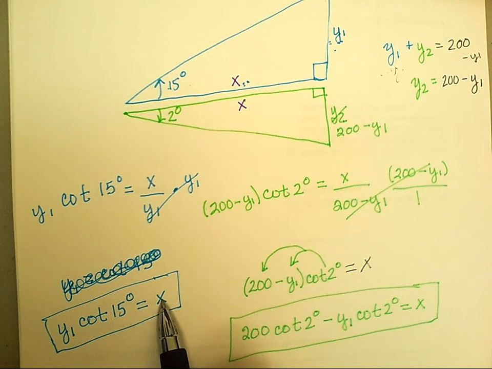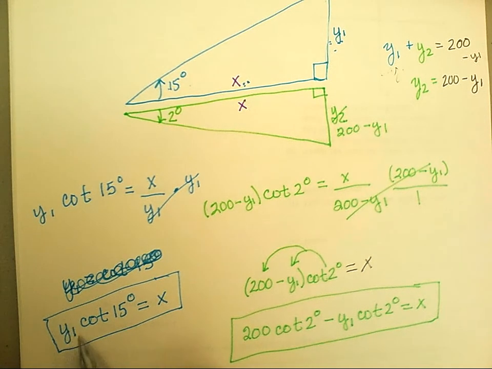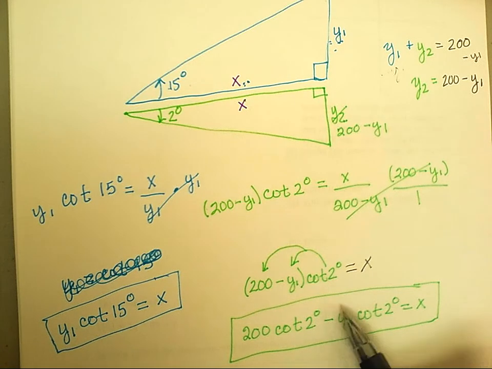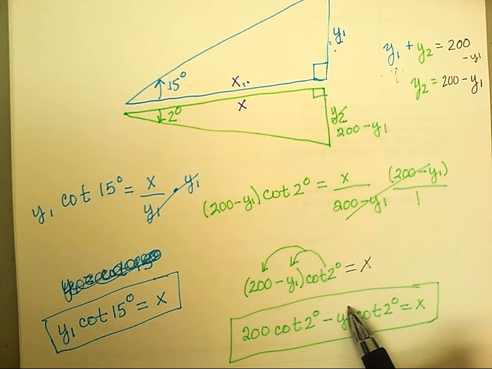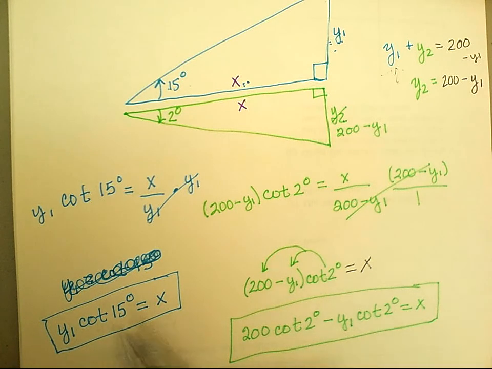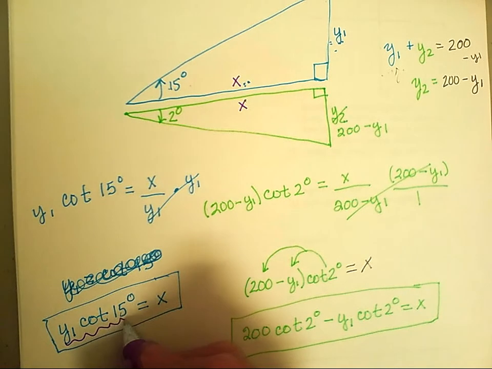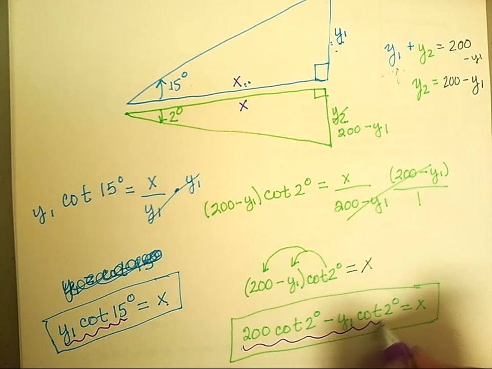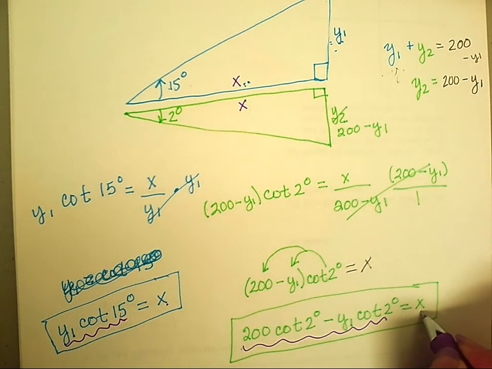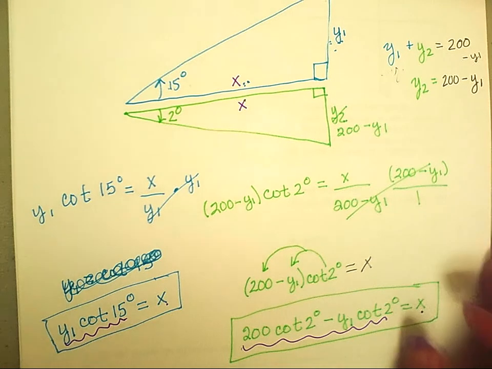Okay, so x is what we're looking for. Okay. And we have two values for x. So the trouble is, we just don't know what y1 is. Okay. If we could find out what y1 is, then we would have an exact value. Okay. But we don't have to worry. So if this is equal to x, and this is equal to x, well, then they have to be equal to each other.